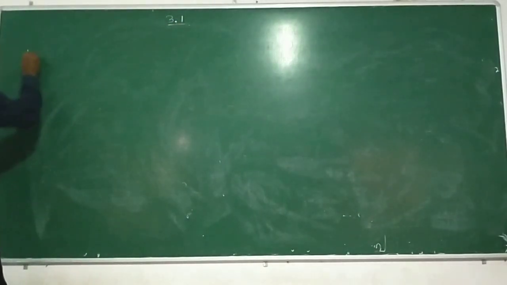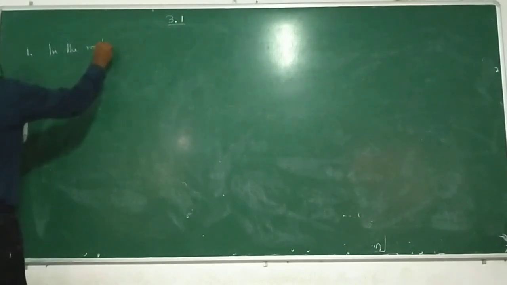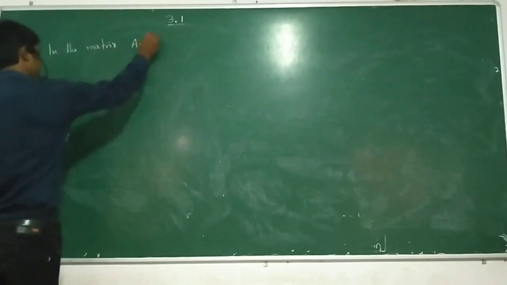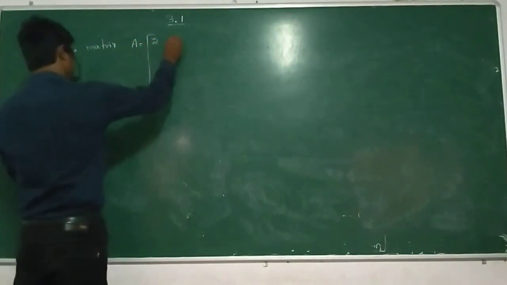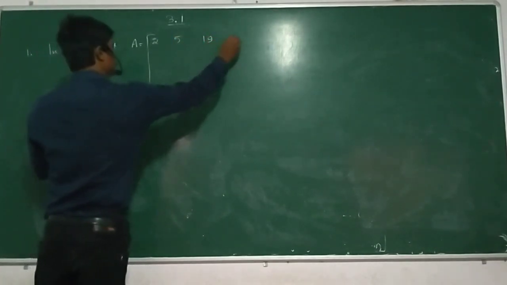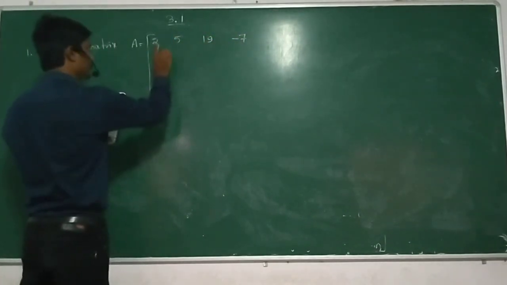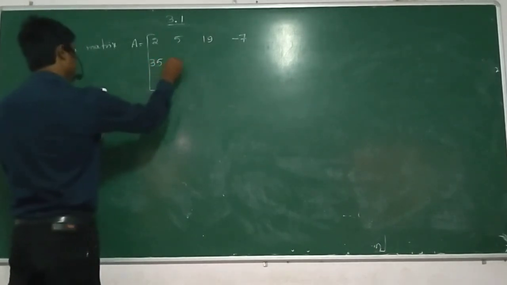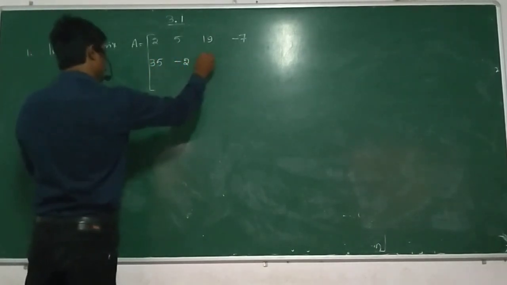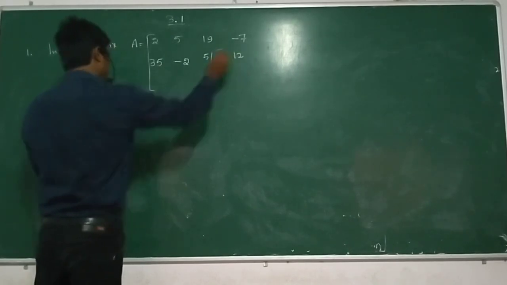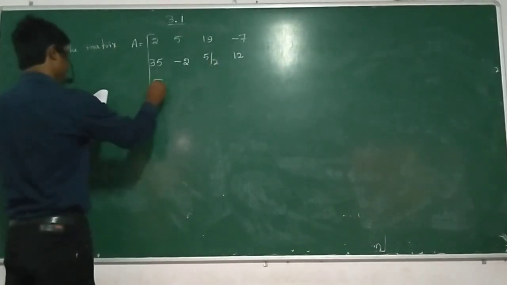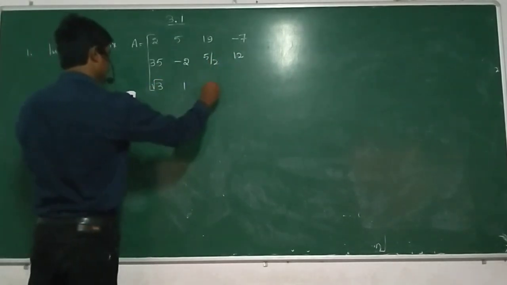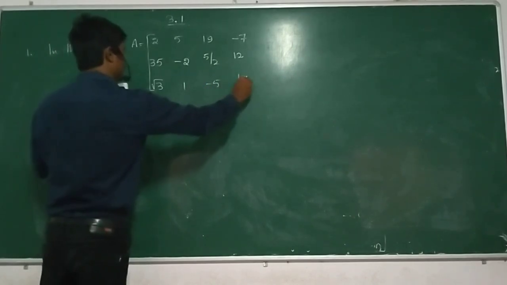First question is, in the matrix A equals 2, 5, 19, minus 7, 35, minus 2, 5 by 2, 12, root 3, 1, minus 5, 17.